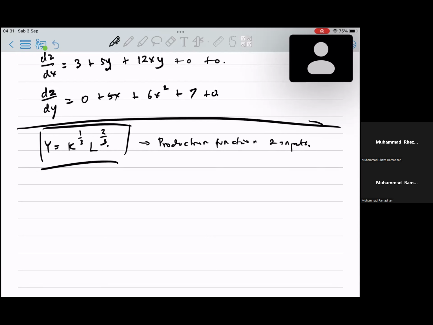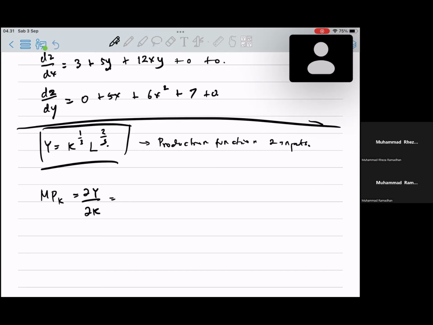If you are asked about the marginal productivity of k, the marginal productivity of k is ∂y over ∂k. Because you are asked about k, we have to derive y with respect to k.